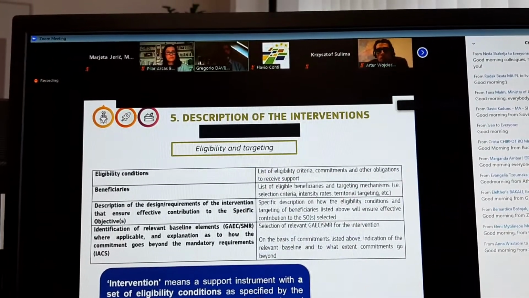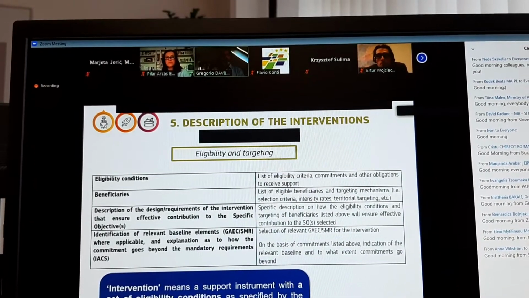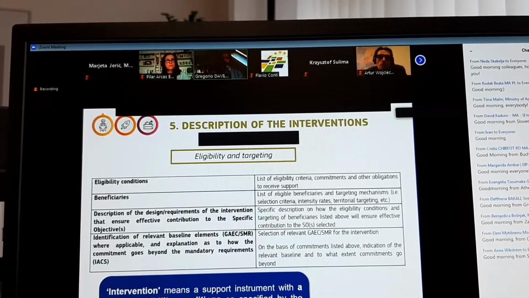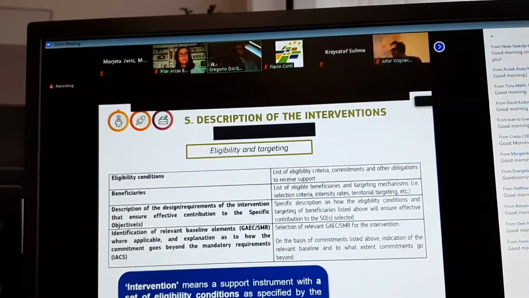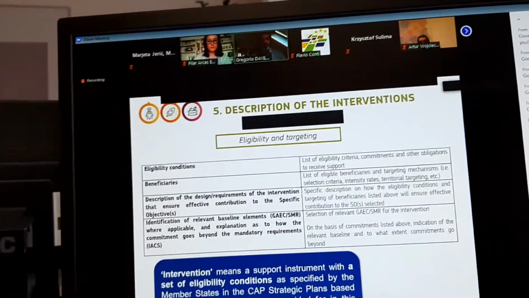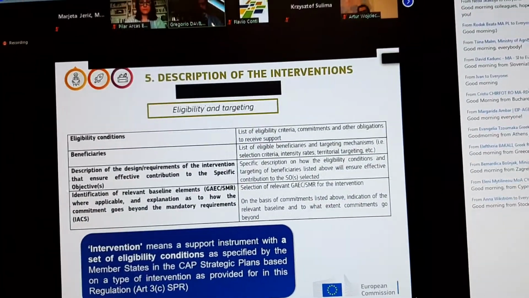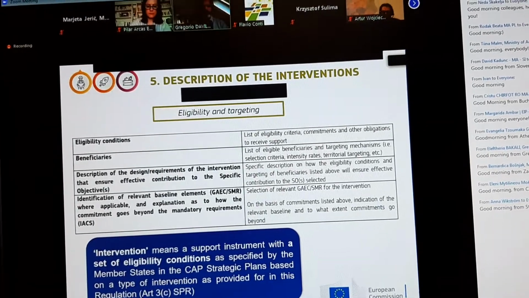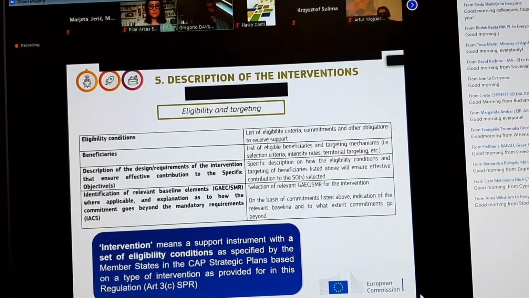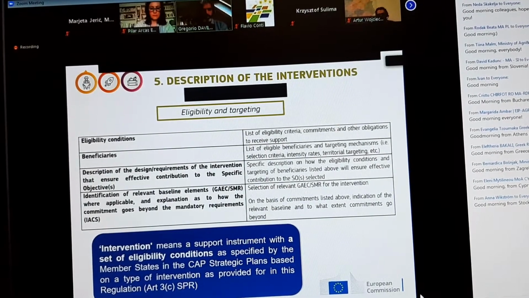So what we would expect from the Member State is all the information that is relevant for the assessment, that will make it possible to assess the plausibility and the potential of this intervention to contribute to the objectives of the CAP plan and the CAP in general. Those are the ones that we expect to see there.